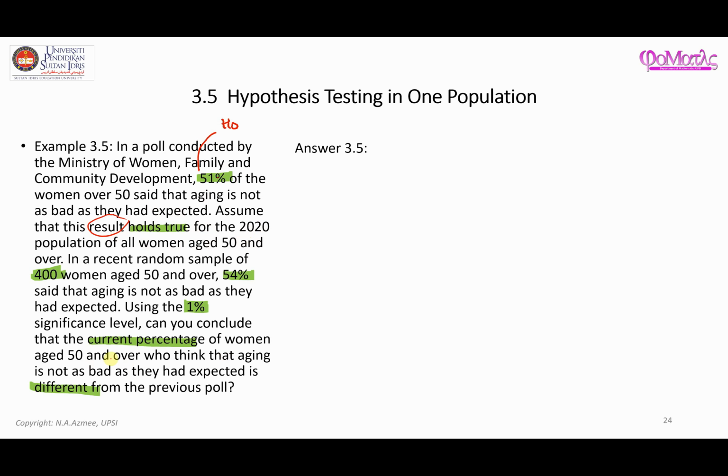And this one here, can you conclude that the current percentage, percentage here is 51%, 54%, so we're talking about that. The current percentage of women aged 50 and over who think that aging is not as bad as they had expected is different from the previous poll. So this is different, just not equal. And so this statement clearly gives you an indication of what to write down as your alternative hypothesis.